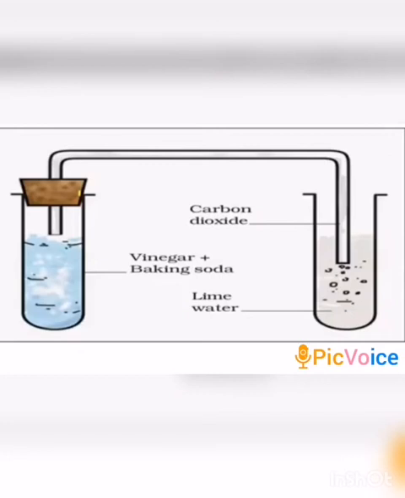What will happen? When carbon dioxide is passed through lime water, calcium carbonate is formed, which makes lime water milky. The turning of lime water milky is a standard test of carbon dioxide. This is a test which is used to detect the presence of carbon dioxide gas.